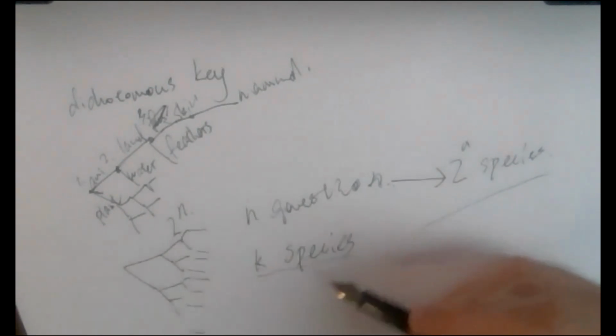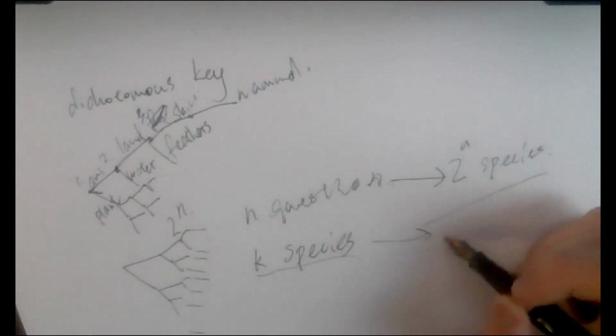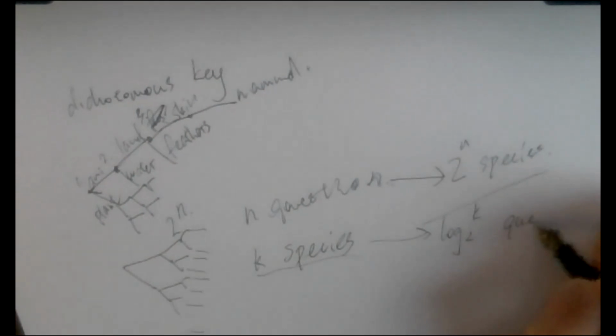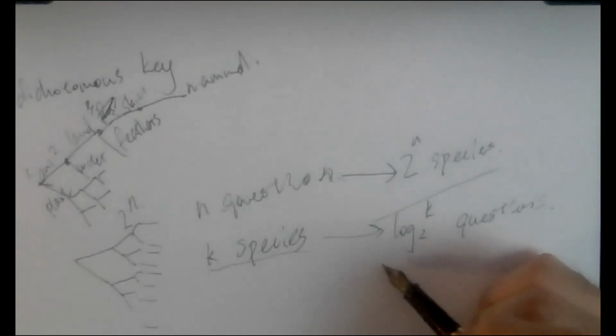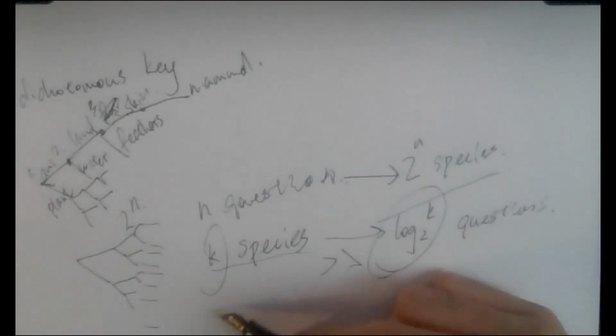But if you use the dichotomous key table, I could have log 2 k questions, and it's worth knowing that this can be much smaller than k.